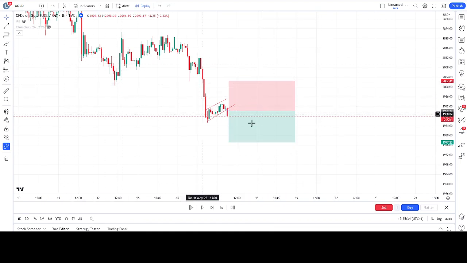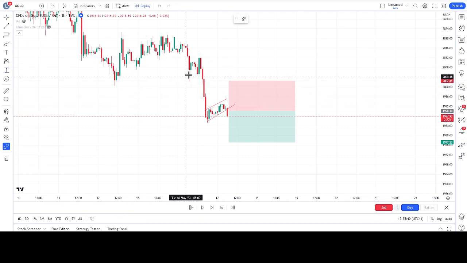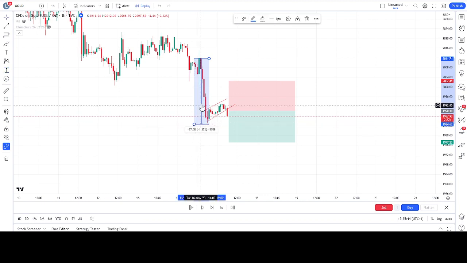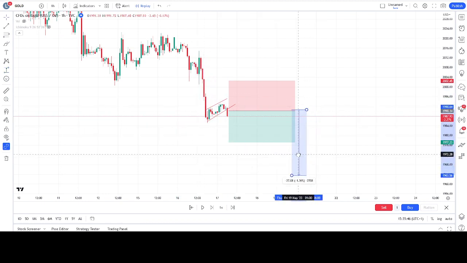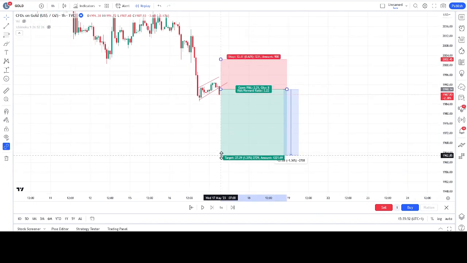And what will be my potential down move here? If I take a price range, it will be roughly around the size of the flagpole. So roughly here, and I will mark this as my target.